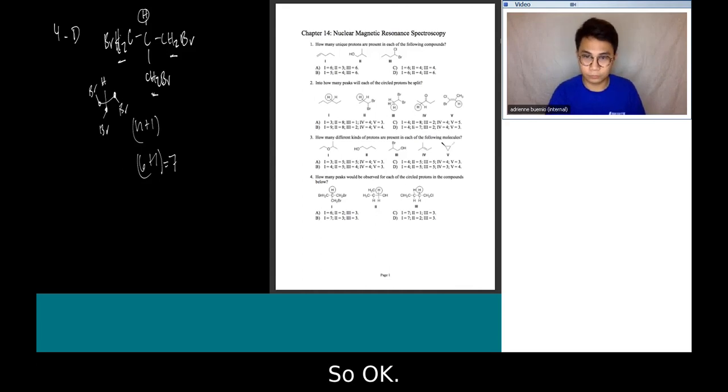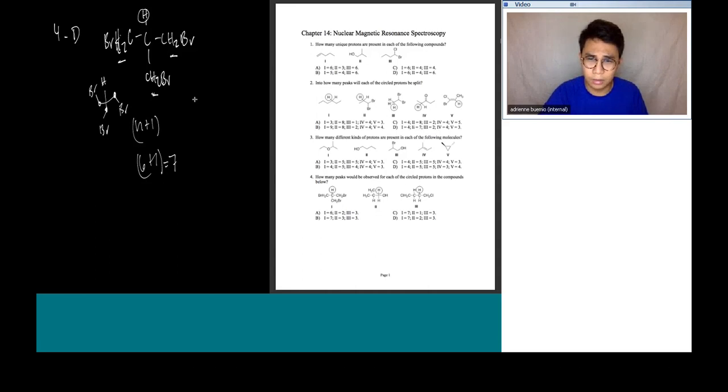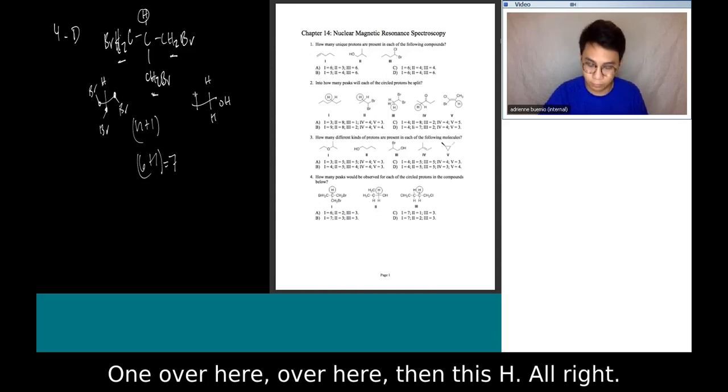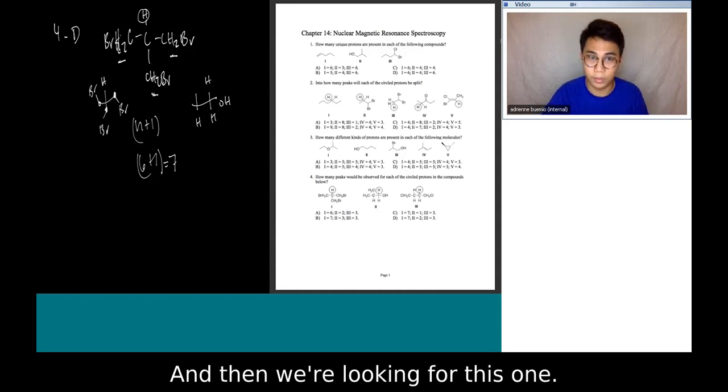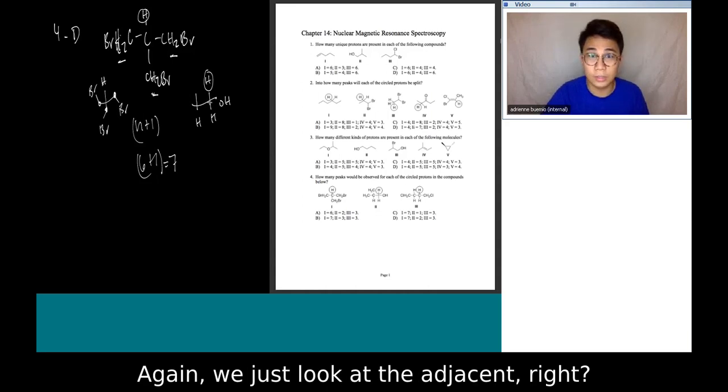So, okay, let's do the next one. If we drew the next one, it would look something like this. OH, and then let's see, one over here, then this is the H, right? And then we're looking for this one. So this one you split it, what? Again, we just look at the adjacent, right?